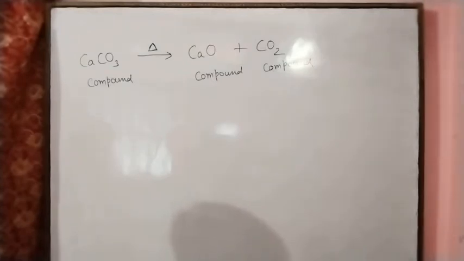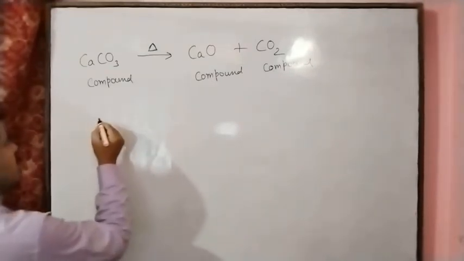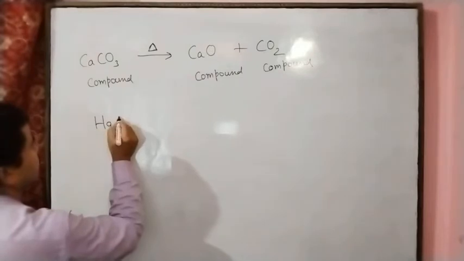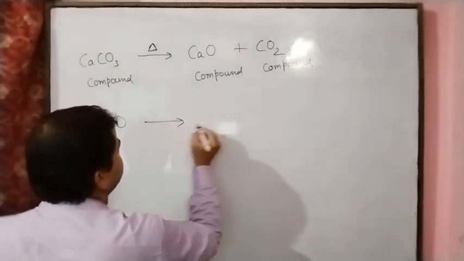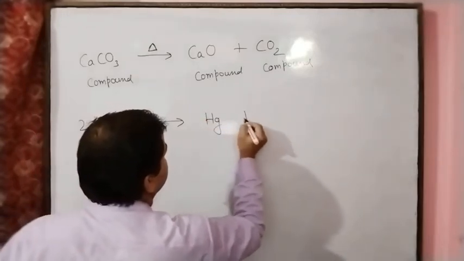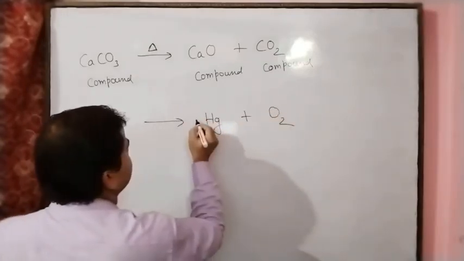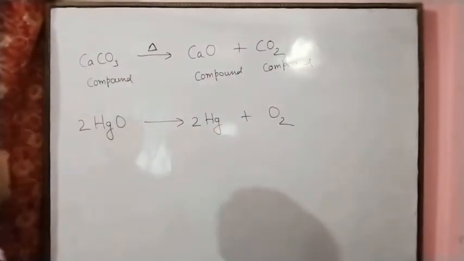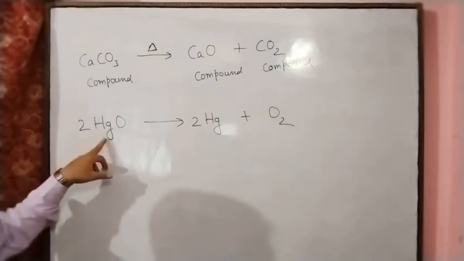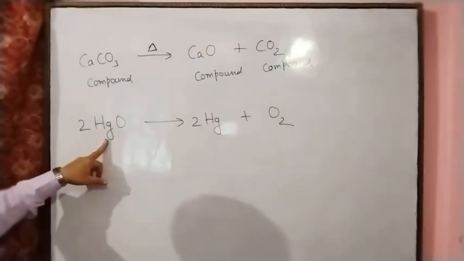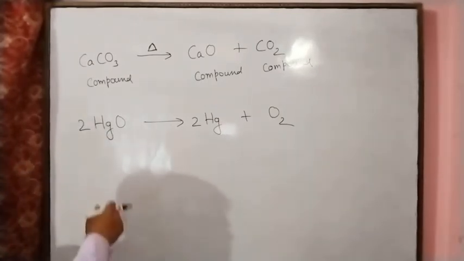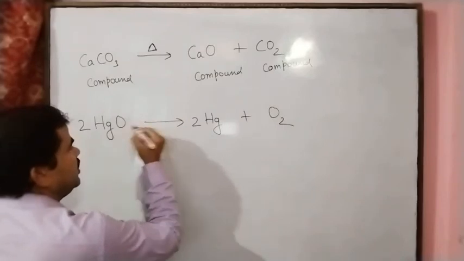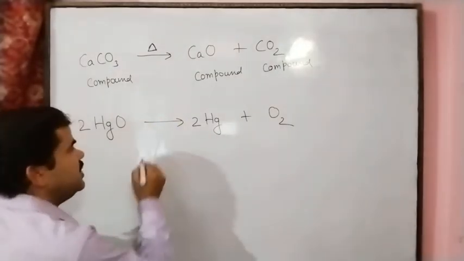The next example we can see here is mercuric oxide, or mercury second oxide. Heat energy is required for the decomposition, so this is also an example of a thermal decomposition reaction.